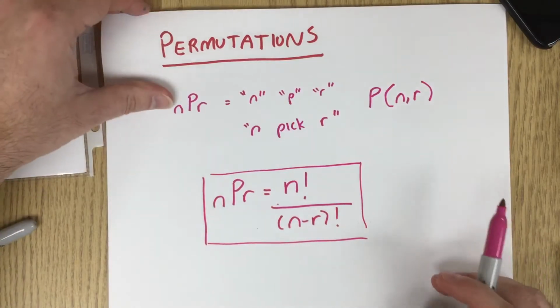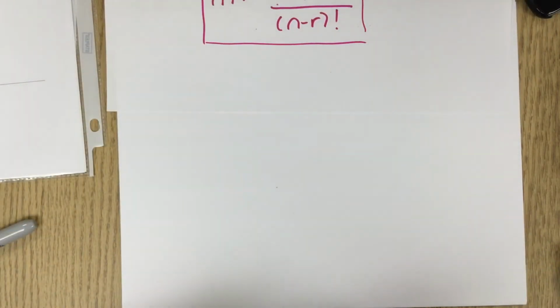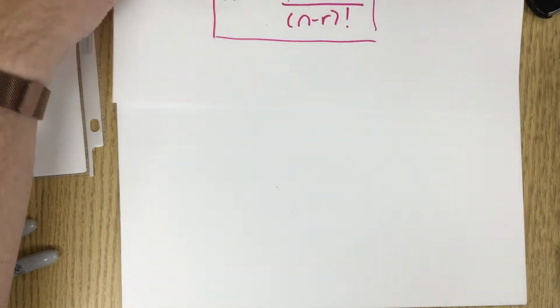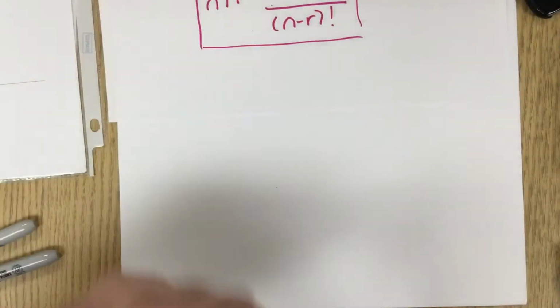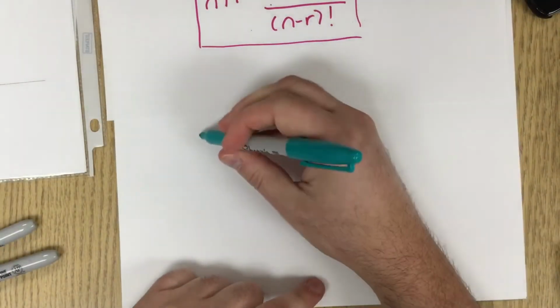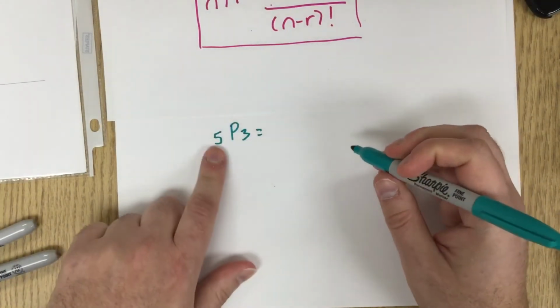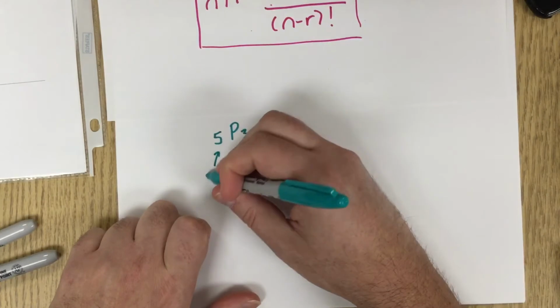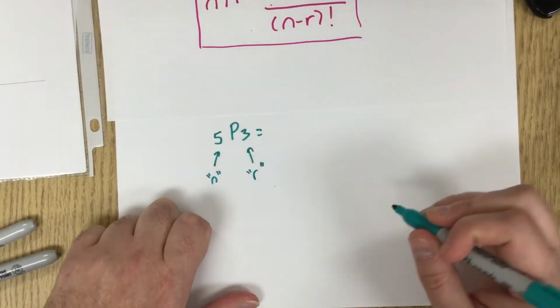So for example, let's say I want to know what 5 pick 3 is. The 5 is the n and the 3 is the r.